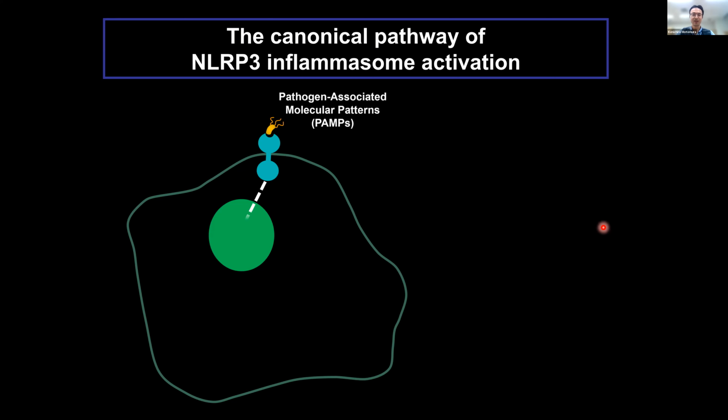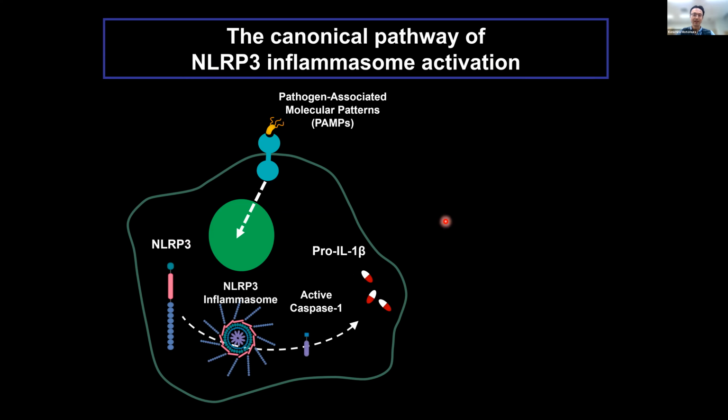When pathogen-associated molecular patterns, or PAMPs, are sensed by pattern recognition receptors such as toll-like receptors, it facilitates the transcription and translation of NLRP3 inflammasome components such as NLRP3, ASC, pro-caspase-1, and pro-interleukin-1 beta.